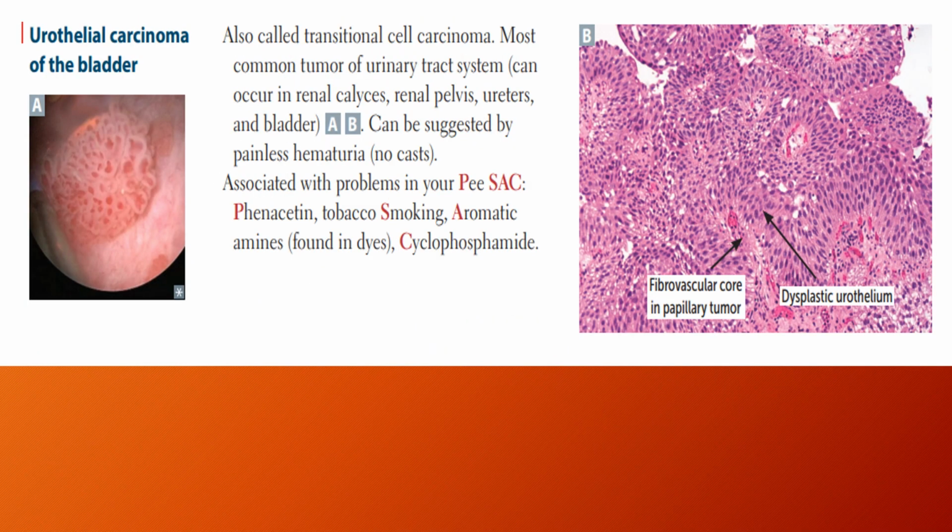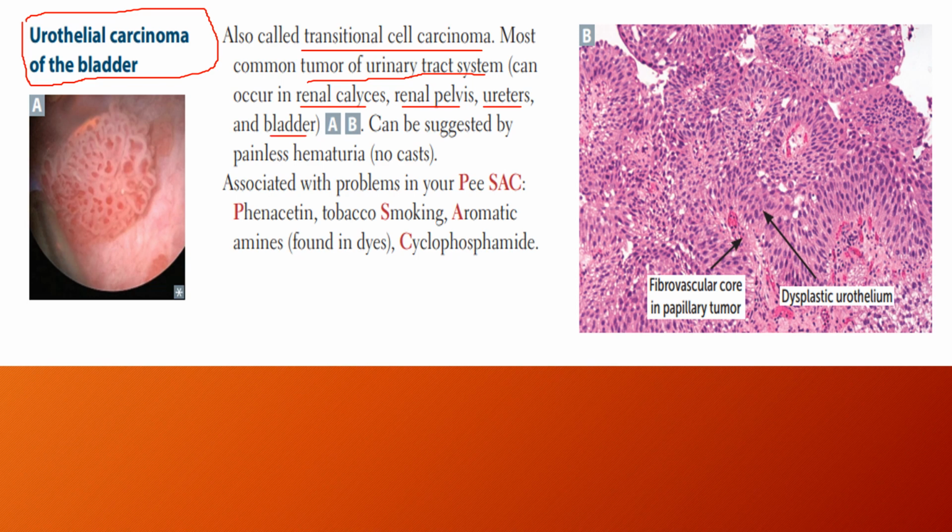Now I'll talk about the urothelial carcinoma of the bladder, which is also known as the transitional cell carcinoma. It is the most common tumor of the urinary tract system. It can occur in renal calyxes, renal pelvis, ureters, and bladder.